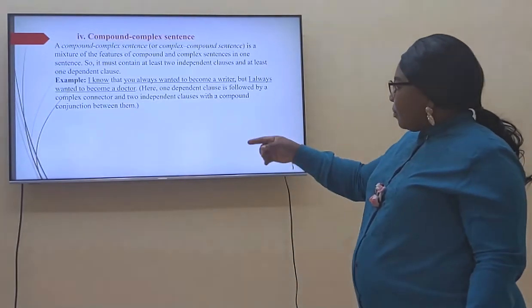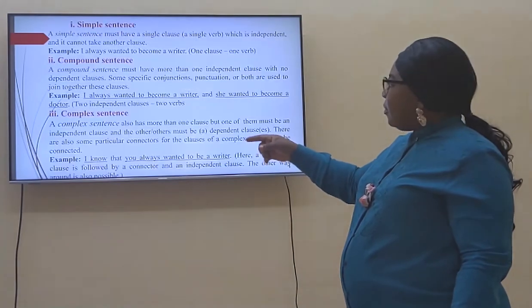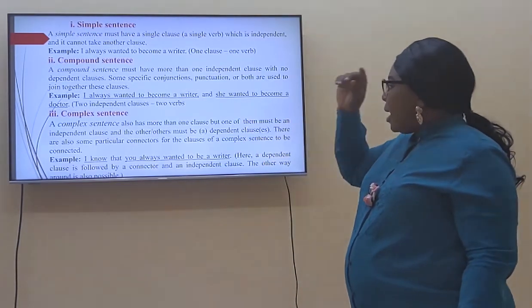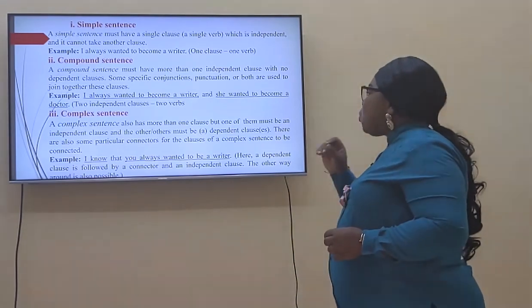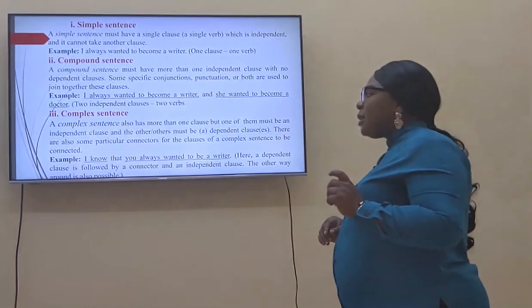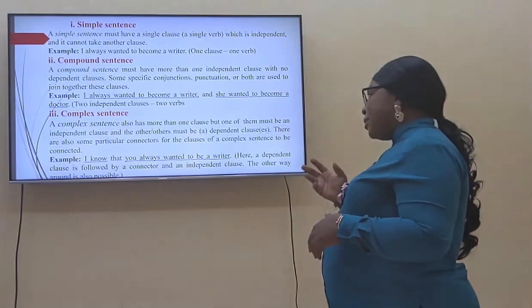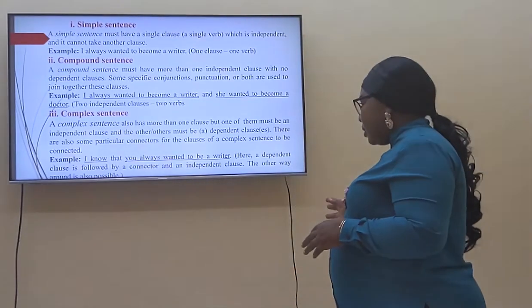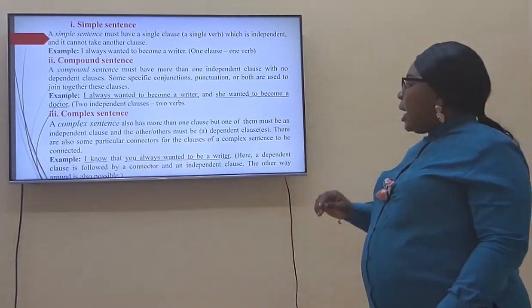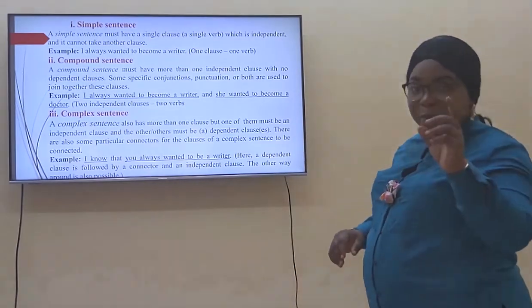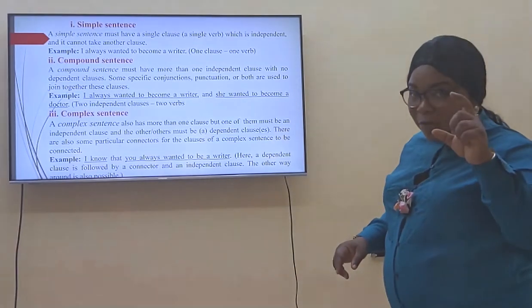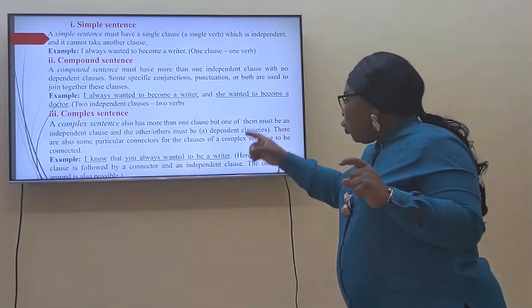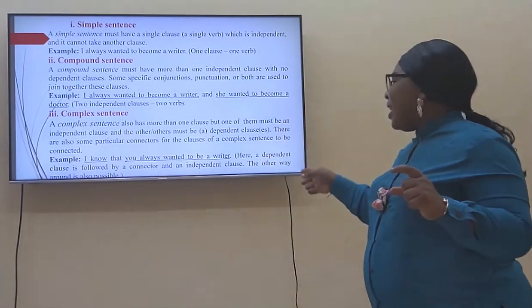The next one, complex sentence. A complex sentence also has more than one clause, but one of them must be an independent clause and the other or others must be dependent clauses. Right? Remember, this one is complex, so you have to be careful. We have, I know, that is one clause, that you always wanted to be a writer.